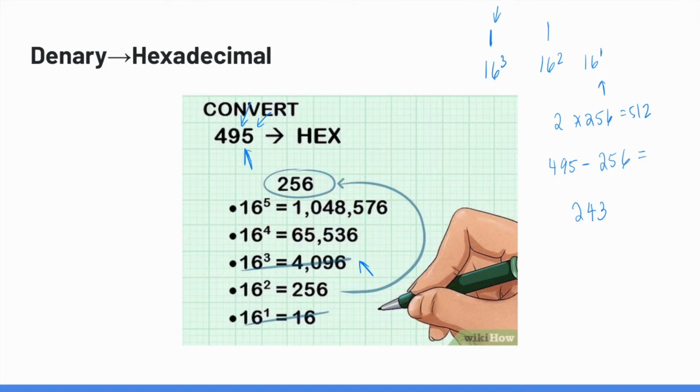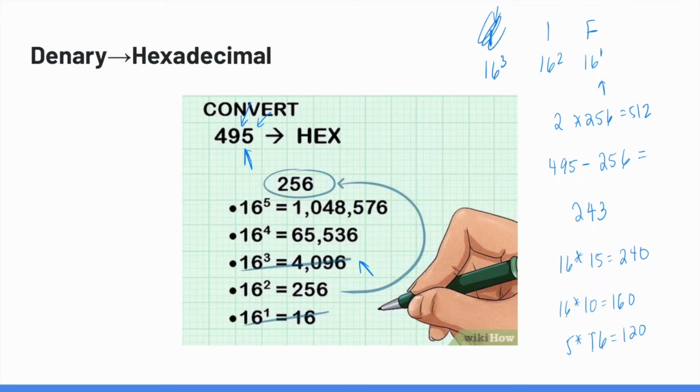I think it's going to be 15 right here. 16 times 15 is just 240, unless I am very much mistaken, which is entirely possible. Because 16 times 10 equals 160, and then 5 times 16 equals 80. So that means that we can have an F right here.